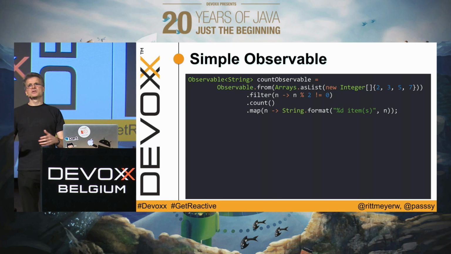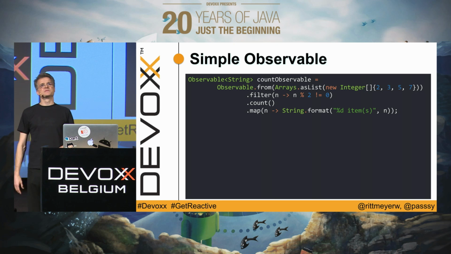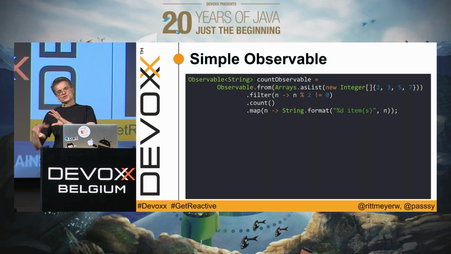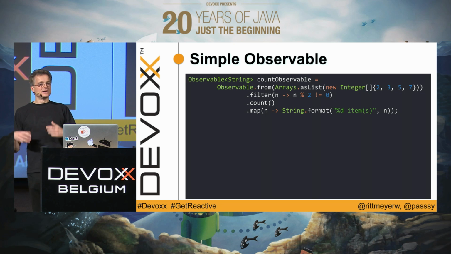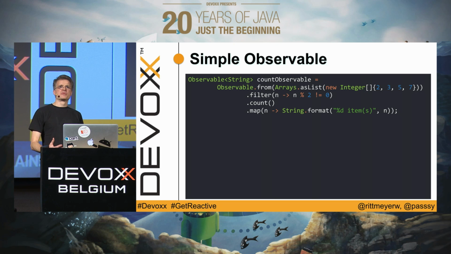Then there's the count operator that counts the remaining items in the stream. And then the final operator, the map operator, moves this integer to a string. So you go originally from an observable of 4 integers to an observable of string at the very end.